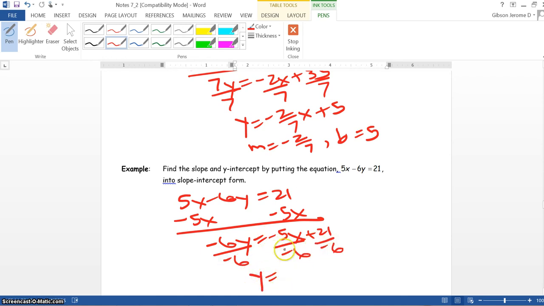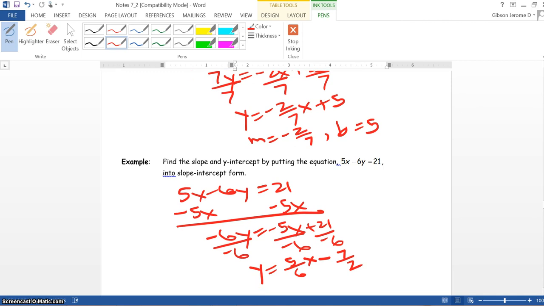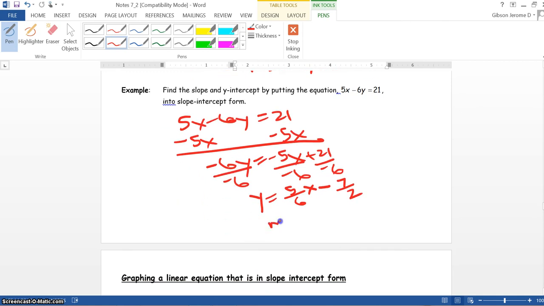And y is equal to a negative divided by a negative is positive, so it'll be 5/6 x. 21 and negative 6, we know it's going to give us a minus. But these two numbers had 3 in common, so this would give us 7/2. So our slope would be 5/6, and our y-intercept would be a negative 7/2.